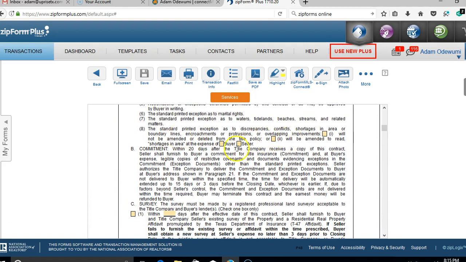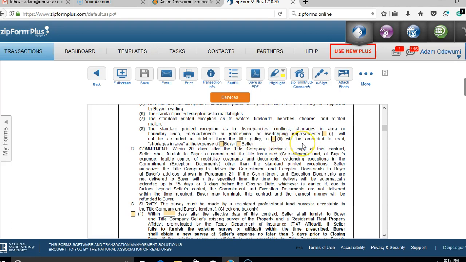Okay. Here is a new section they added maybe about 2 years ago, where if there are some adjustments or exceptions that need to be added to the title policy by the title company, they just want to know, do you want to include that, and do you want the buyer or seller to pay for it?